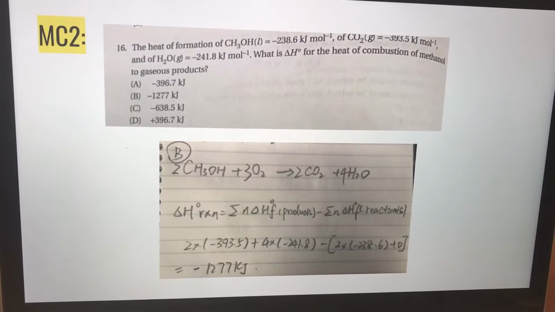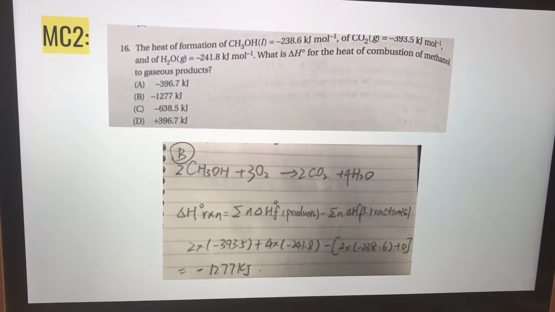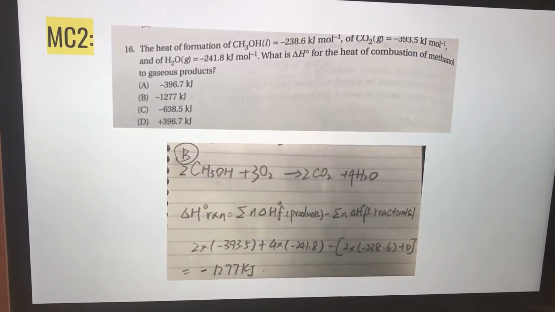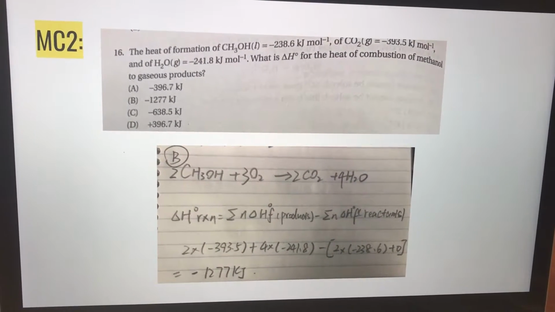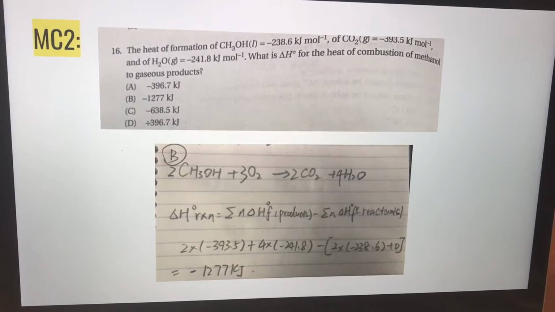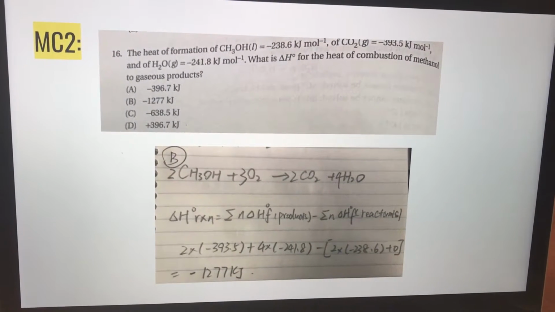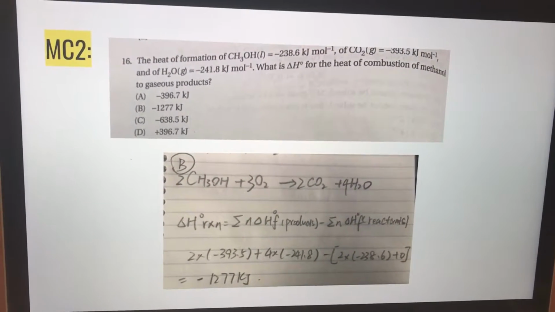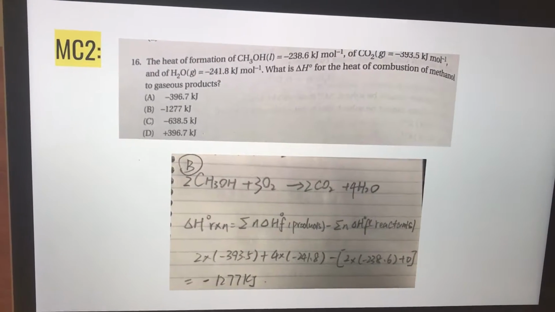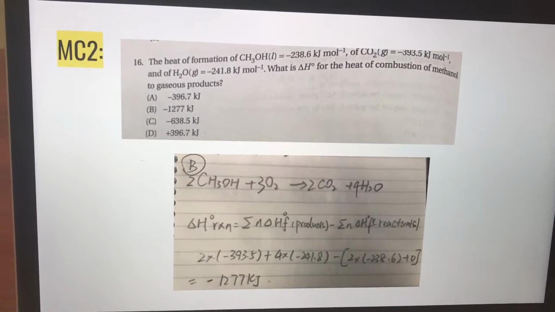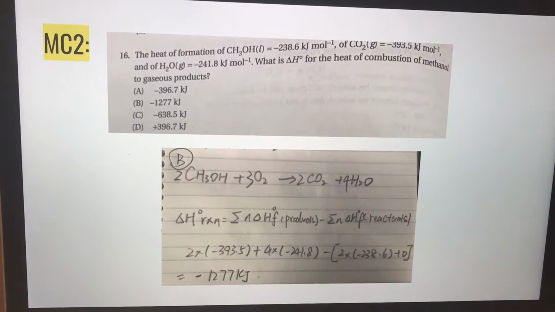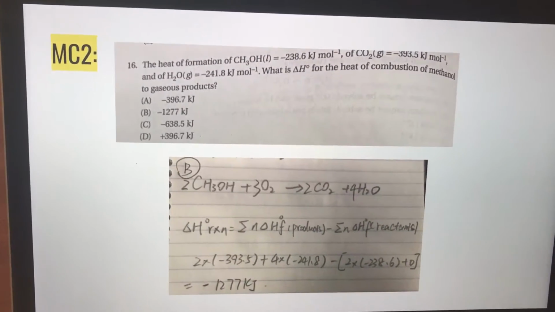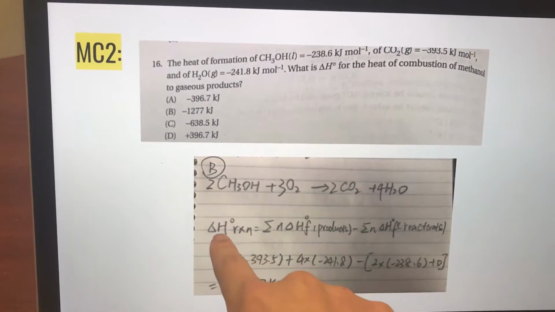Multiple choice 2. In this question we need to use heat of formation to calculate delta H. So the heat of formation of all the substances was given except O2, which we know is 0. Then we can just use the general formula of solving this kind of question, which is shown here.